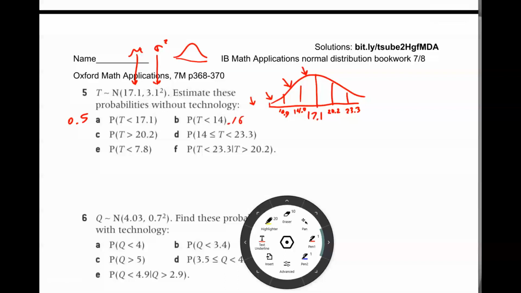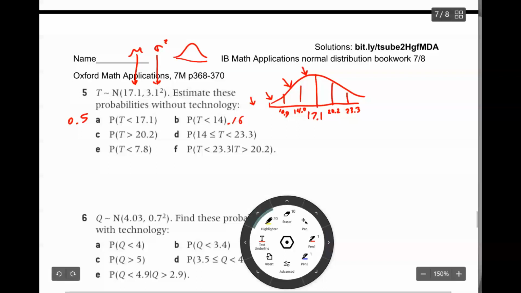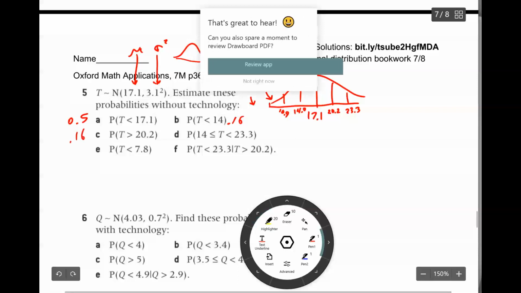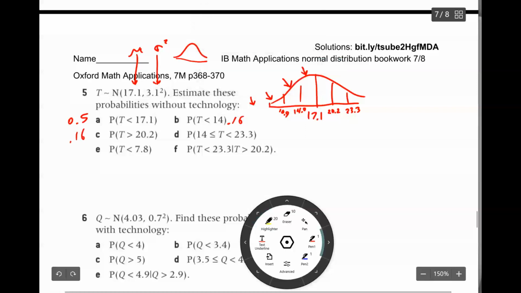C, probability that T is greater than 20.2, that would be this region here, and that would also be 0.16.